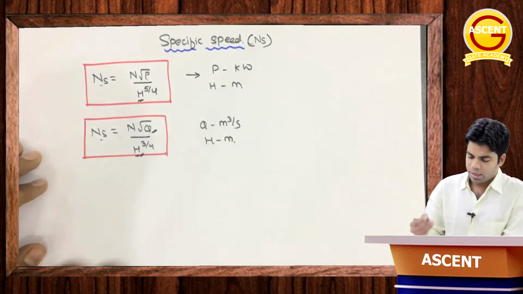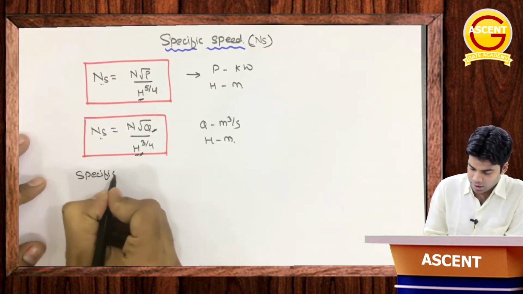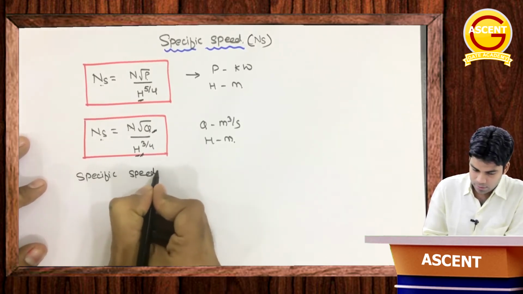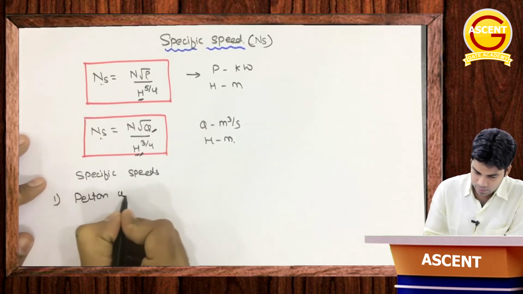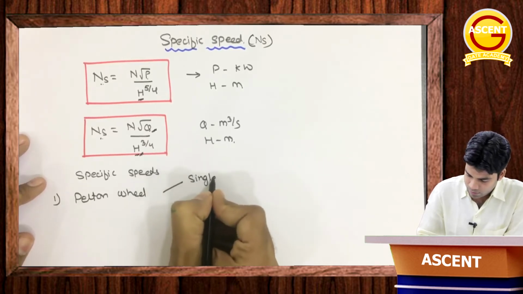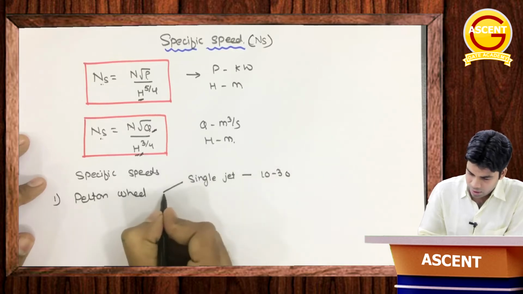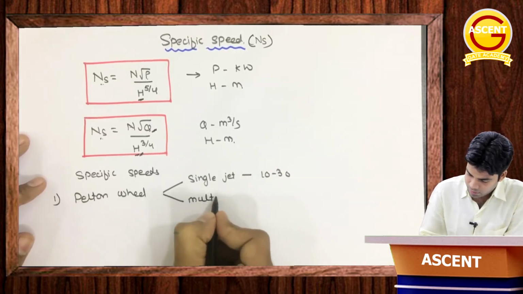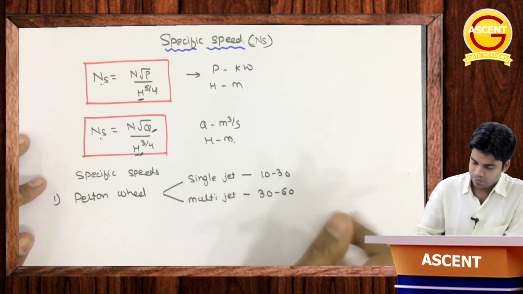Getting this? Okay, and I told you during specification the specific speed of different turbines. First is the Pelton wheel turbine. Now if it is having single jet, the specific speed lies between 10 to 30, and if it is having multi-jet, the specific speed lies between 30 to 60. Okay.